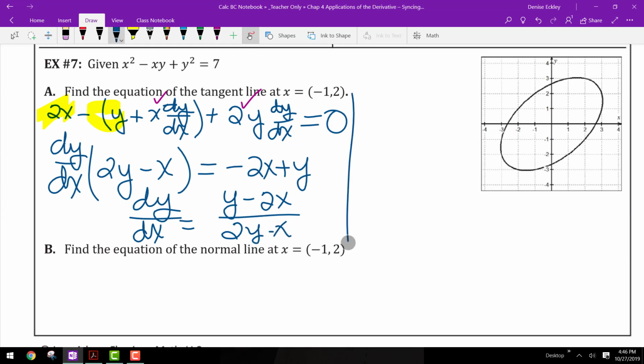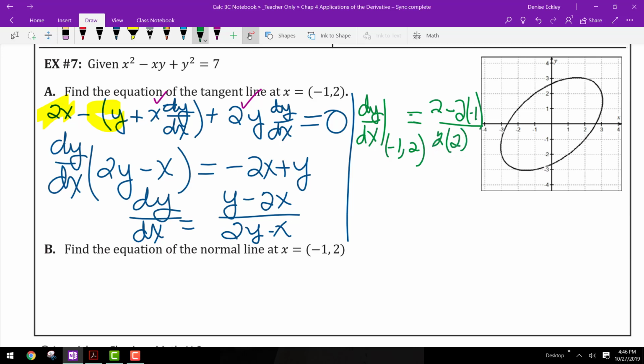Okay, so substituting our point in, we're finding the derivative at the point negative 1, 2. This is going to equal 2 minus 2 times negative 1 over 2 times 2, and minus a negative is going to be plus 1.